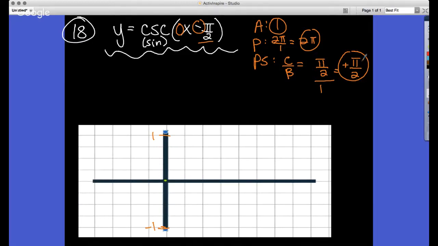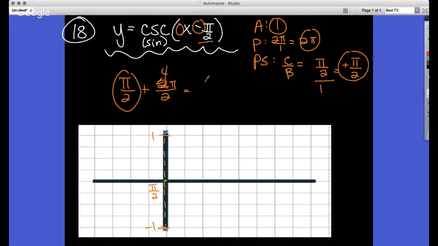Now, this one is a really good one, because if I start at pi over 2 as my phase shift, okay, and again, maybe you start here, maybe you start somewhere different, it's up to you. I'm going to add whatever my period is, in this case 2 pi, to my starting point, pi over 2. So I'm going to put a 2 on the bottom. What I do to the bottom, I do to the top.